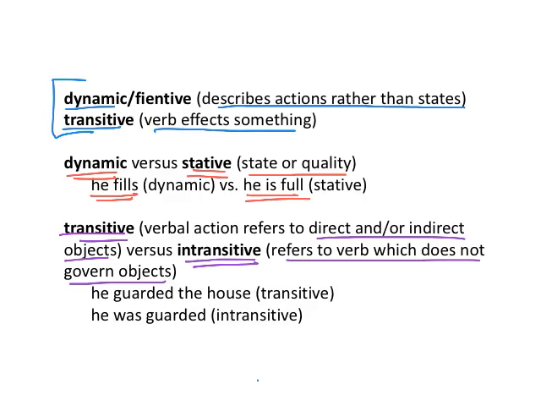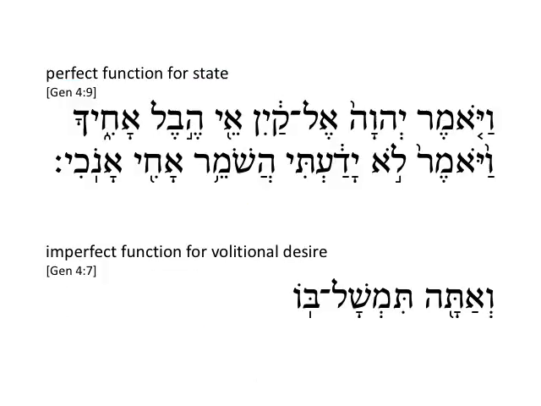So, for example, it's transitive to say, he guarded the house, but intransitive to say he was guarded. So, for example, all of the Niphal forms that are used in the passive are all inherently intransitive.